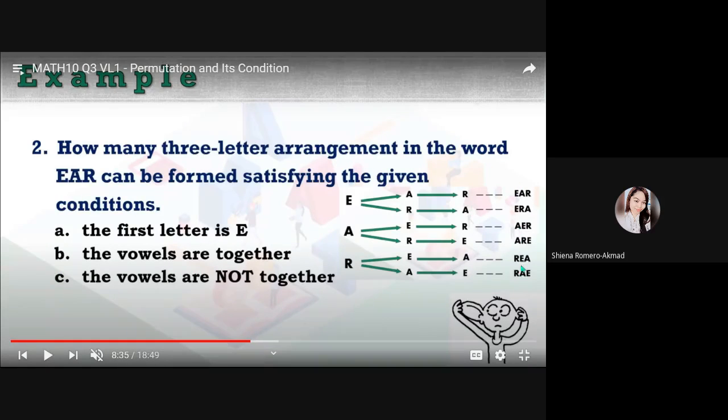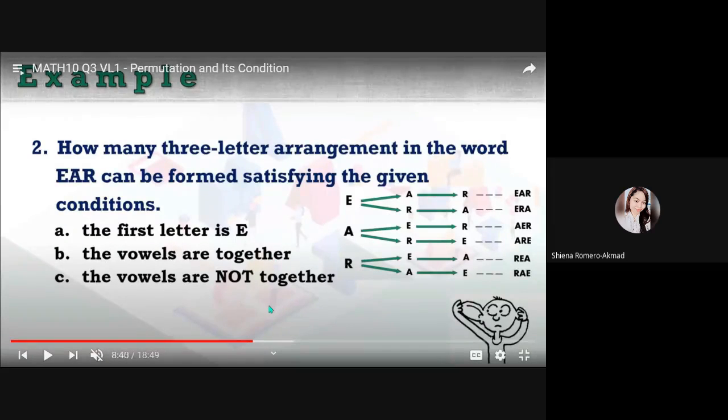How many of the arrangements follow the condition that the vowels are together? 4. Four. Correct. How about letter C? The vowels are not together. How many arrangements? 2. Two arrangements.